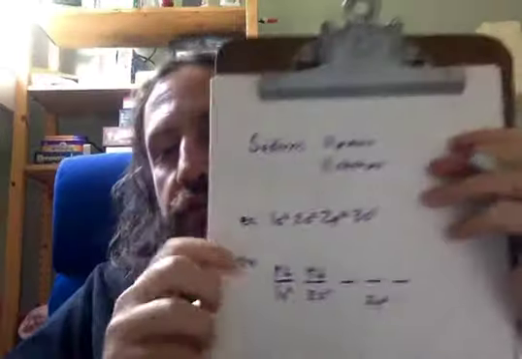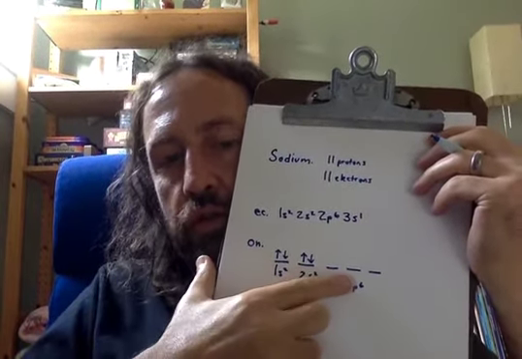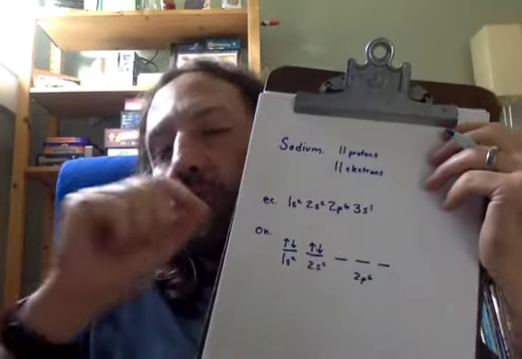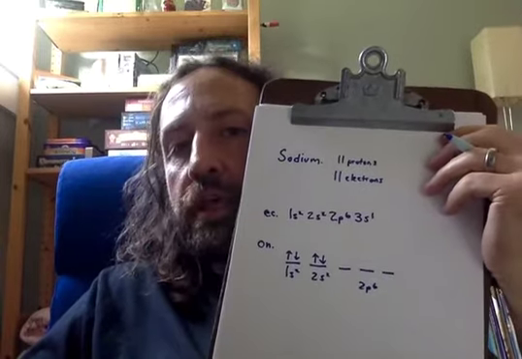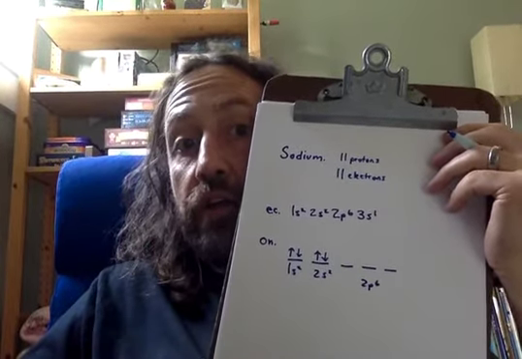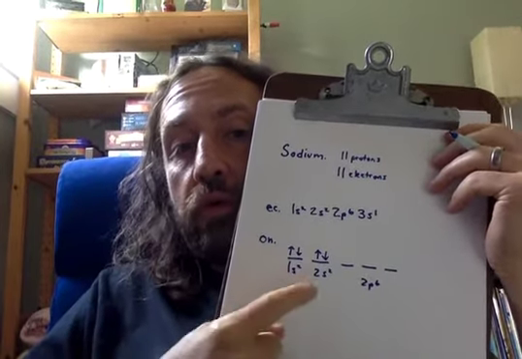2p6. Now I'm going to show you 2p6 because that's going to look a little different here. So 2p6 is 1, 2, 3. Okay? And if you count across that p region on the periodic table, you're going to count 6 elements. So watch how I'm going to fill this in. So you do the first one, 1.